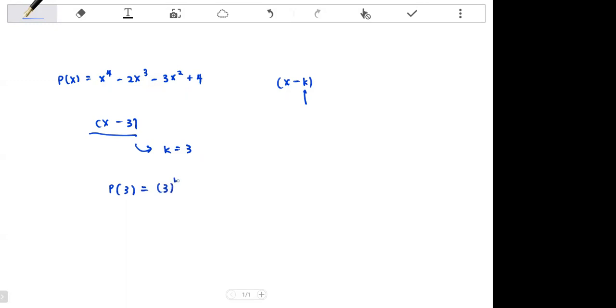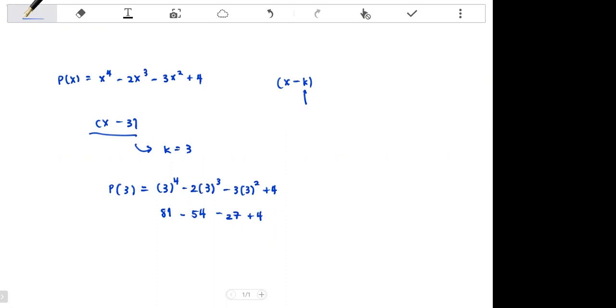So 3 to the 4th minus 2 times 3 to the 3rd minus 3 times 3 to the 2nd plus 4. If I simplify that, that should be 81 minus 54 minus 27 and just 4.